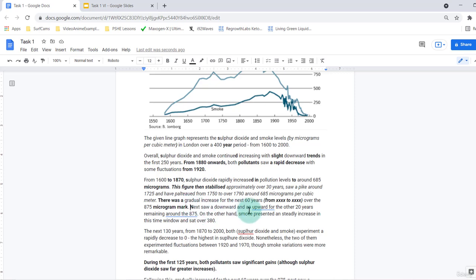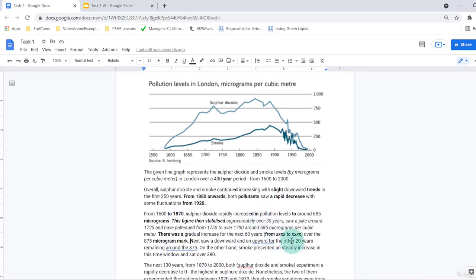So next saw a downward and upward trend for the next 20 years. So keep that out for 20 years. Upward trend. Google is already suggesting trend. How very clever. Next, comma.